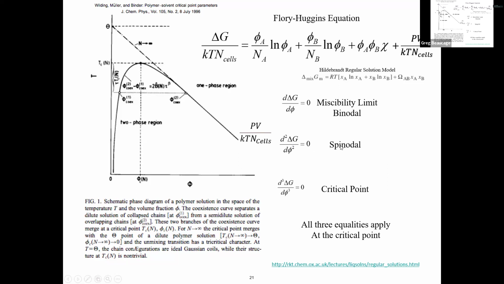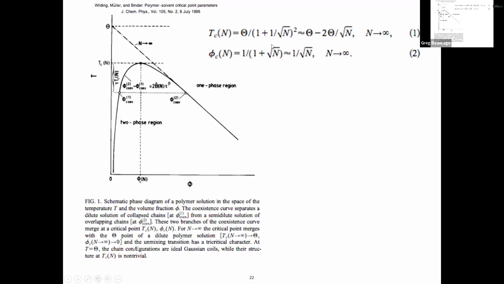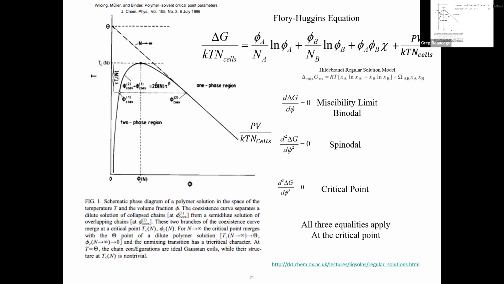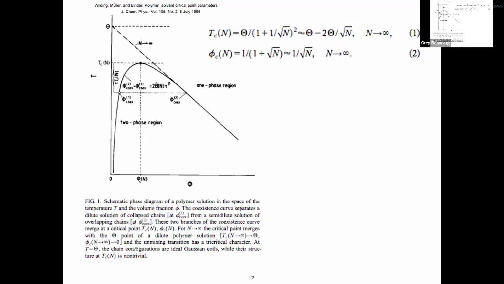Second derivative is 0, that's a spinodal, this inside line. Actually, all these are equal at the critical point, because the spinodal and binodal meet. And you also have the third criterion, that the third derivative is 0 at the critical point. So you can find the equations for the critical temperature and critical composition, and they are going to be like this, okay?